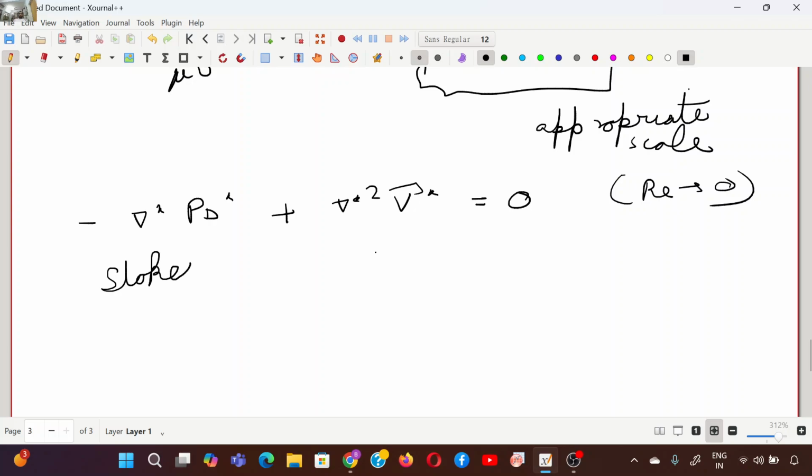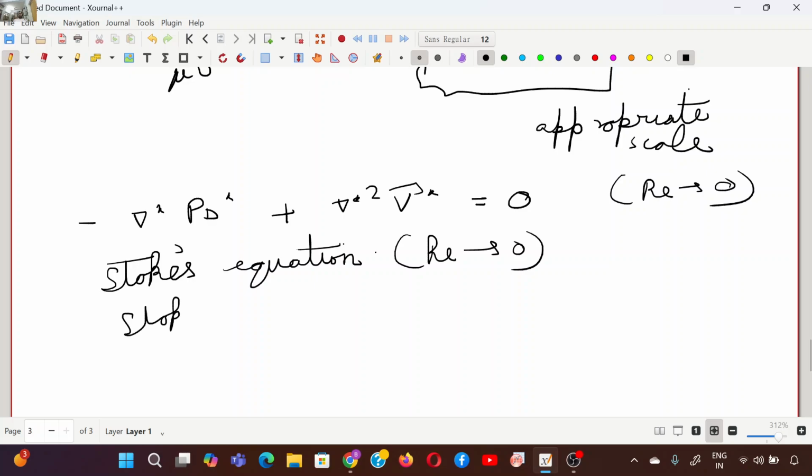So this is the Stokes equation when Reynolds number tends to 0. And the kind of flow is known as Stokes flow or creeping flow.